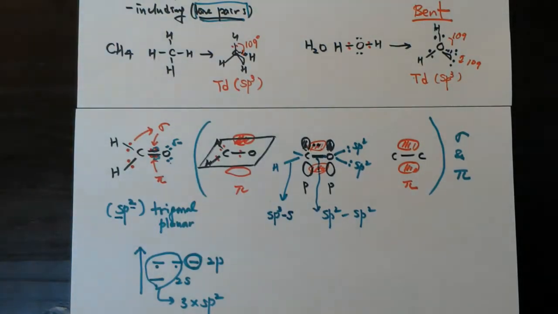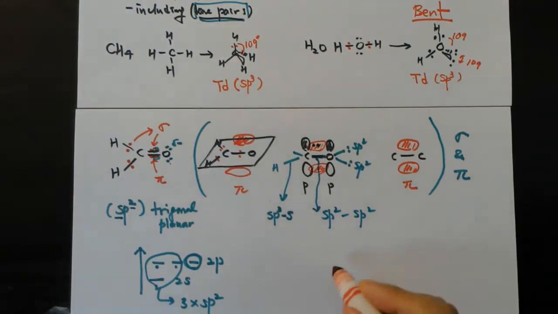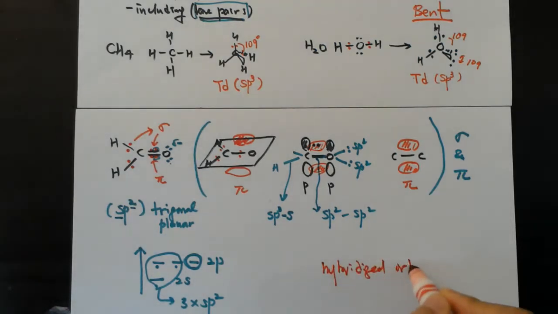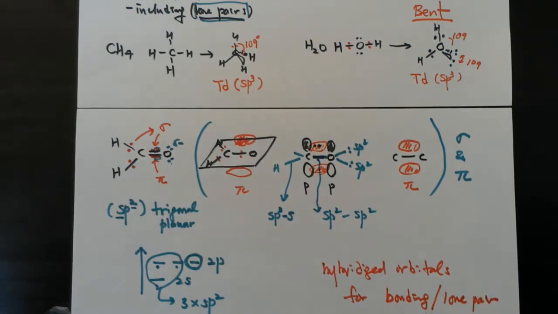And so the hybridized orbital is required or used for bonding and lone pair electrons.